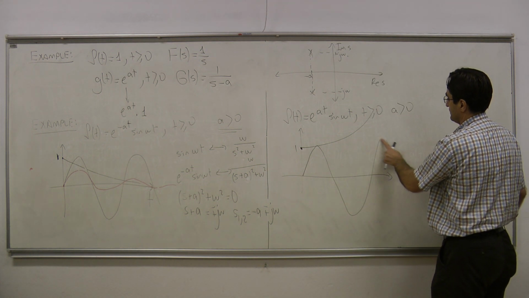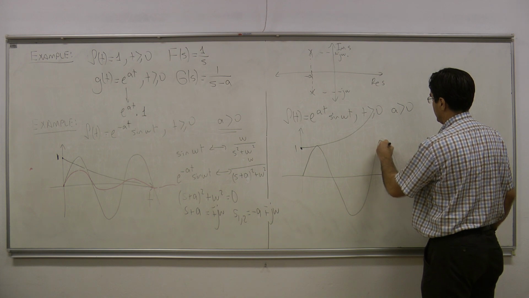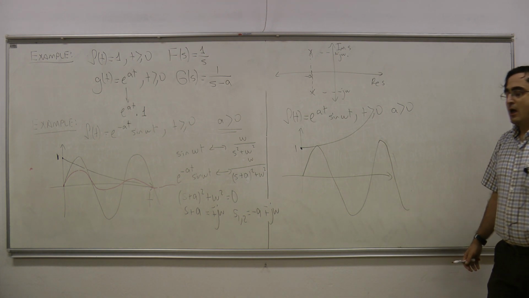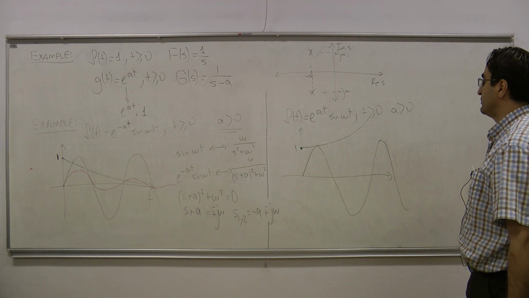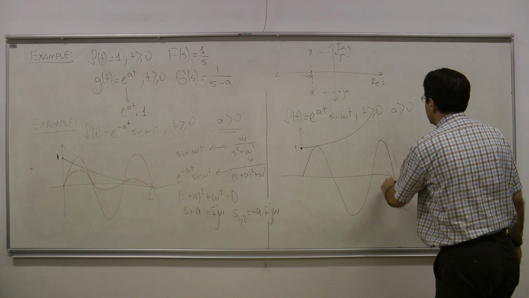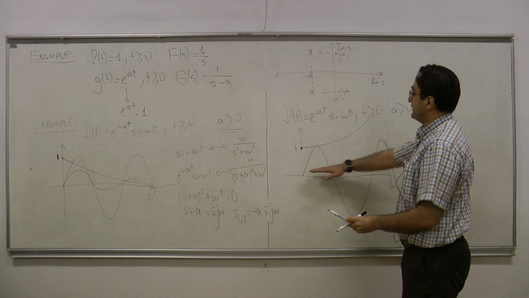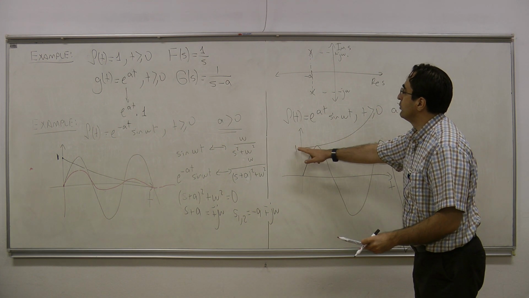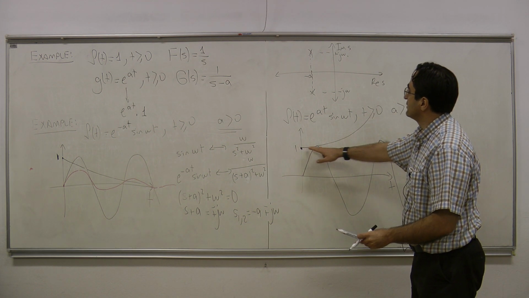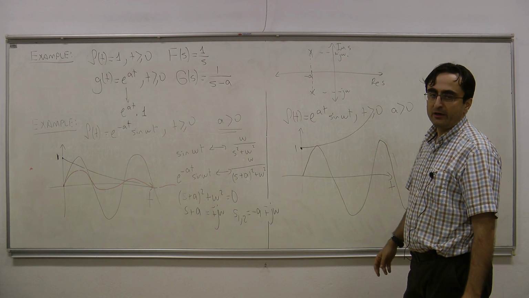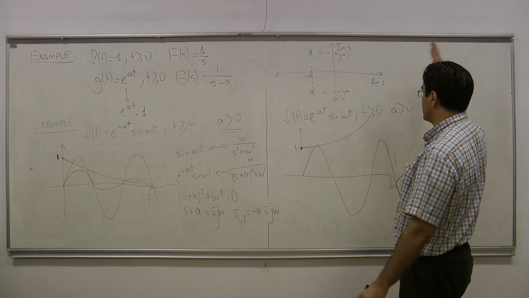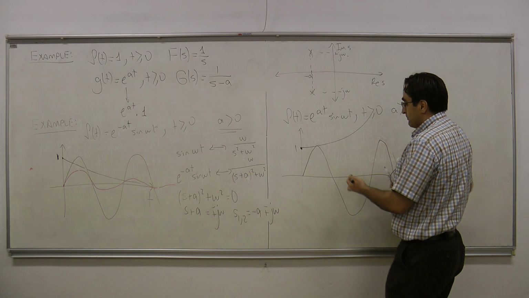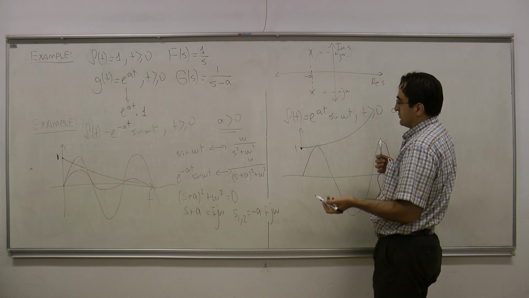The amplitude is 1. And what happens when I multiply these two functions? In that case, the amplitudes of the sine function are going to be modulated by this growing exponential, and that is going to make the sine grow as well. But how is it going to grow?